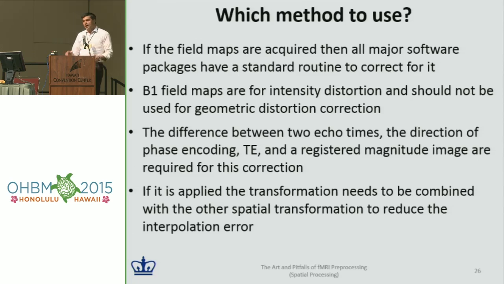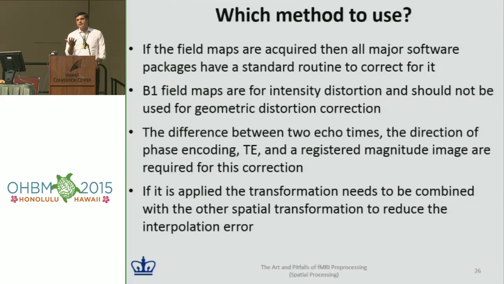Because there are lots of parameters inside this field map, the gradient direction, the direction in which you change your phase encoding, and if you're away from the scanner or you're doing this on already acquired data, these parameters can be completely wrong. You might be selecting these things wrong, and if you do any of these parameters in a reverse order, you're actually making the problem worse, not improving it.